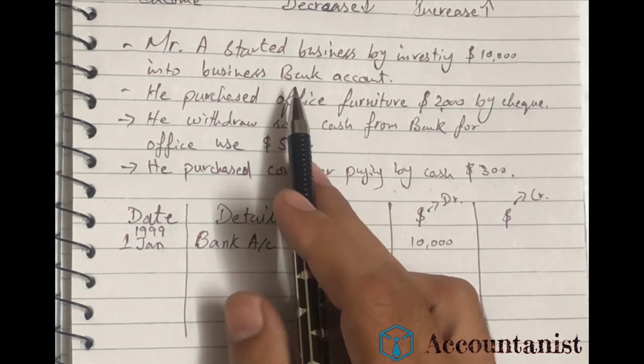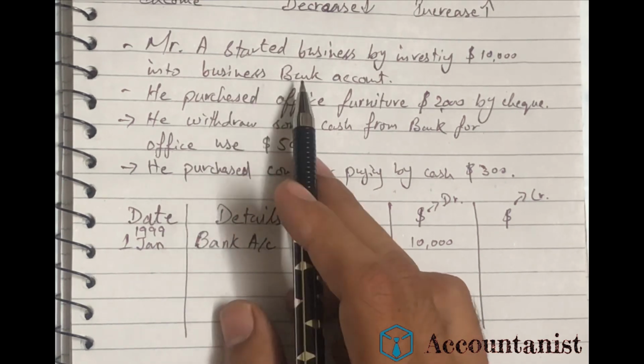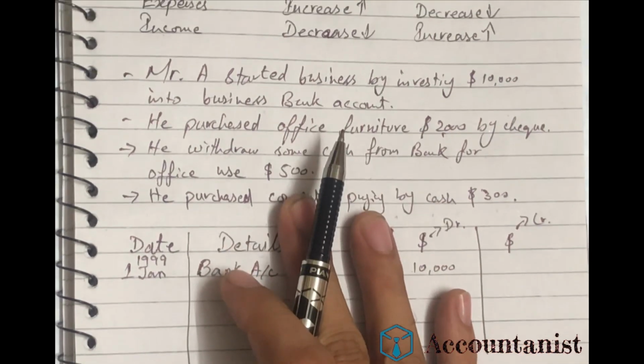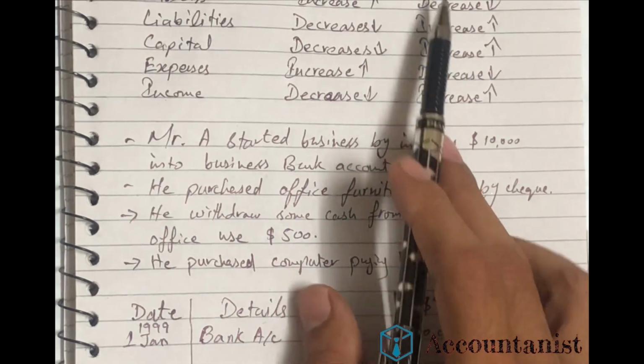Now the second element that we identified from this transaction was the capital, and we know that if the capital increases, we will record on a credit side.